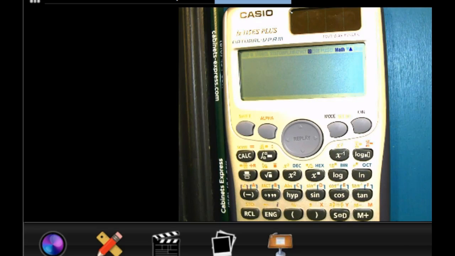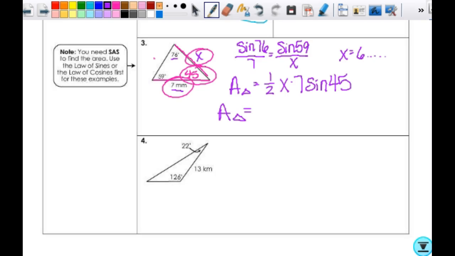So I can do 0.5 times recall x times 7 and the sine of 45. Okay. And that's what I got. Is that what you got? So we're going to put 15.3, and don't forget your units, millimeters squared.